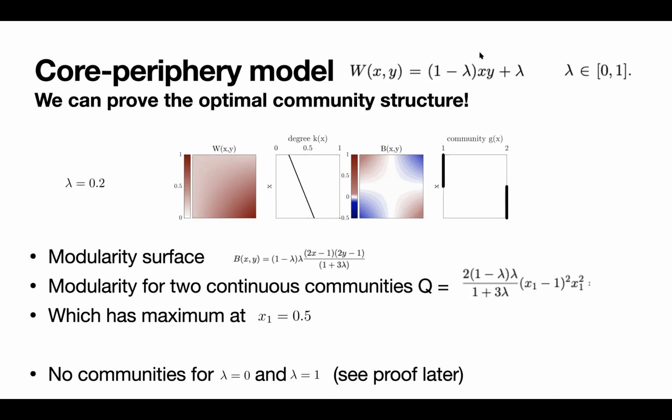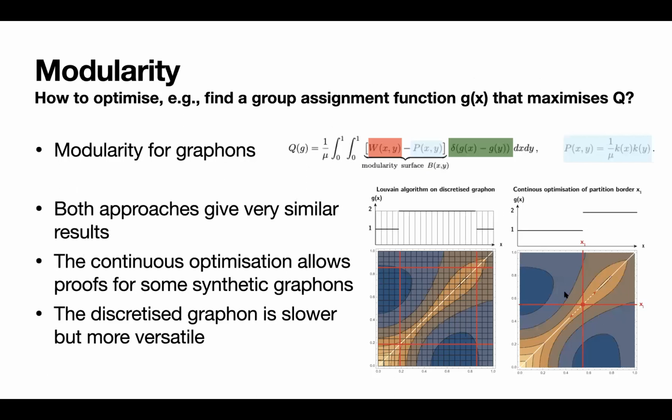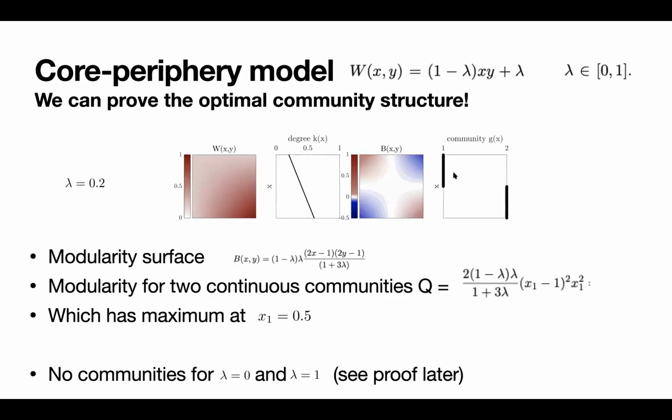The nice thing about this graphon, that's why we chose it as a first example, is that you can compute the modularity surface analytically. And also, if we now use our approach with the continuous optimization, we assume that there are just two communities which have one border position, which is verified because we got the result from our discretized approach.